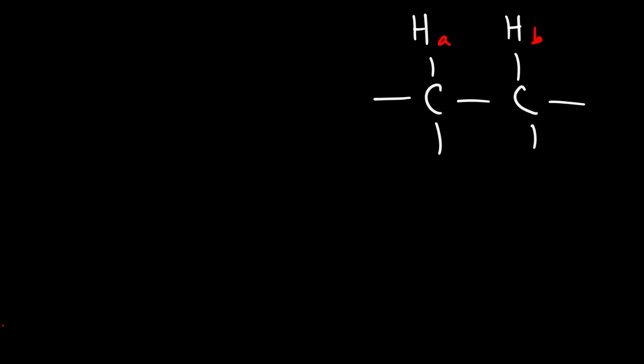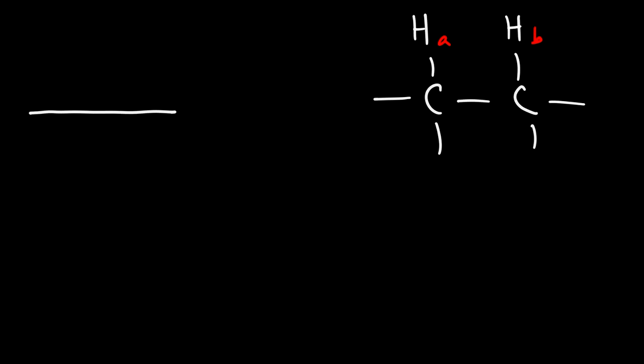Now let's talk about why we get the intensity ratios that we get for a doublet, a triplet, and a quartet. So let's say we have this situation. Let's say we have proton A and proton B, and we're analyzing the signal for proton A, and there's only one adjacent proton to proton A, as we can see here.